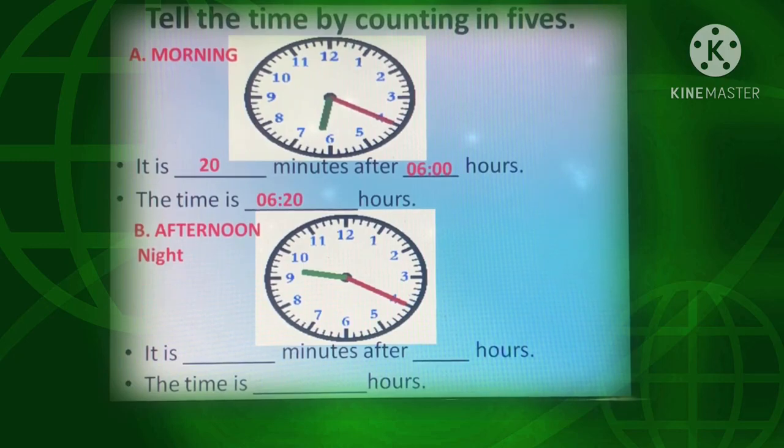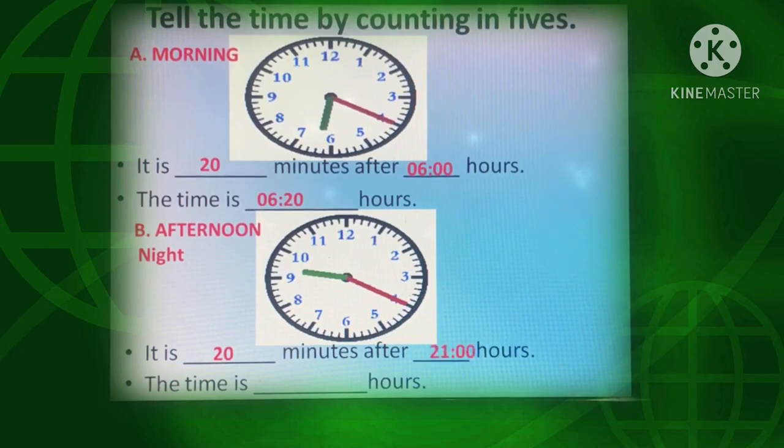How about the time now? We have here the short hand pointing between 9 and 10. So what is the time? It is 20 minutes after what? Okay, so we have 20 minutes after 21 hours.